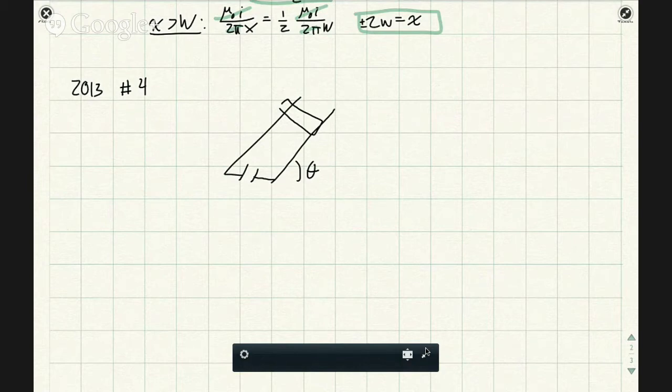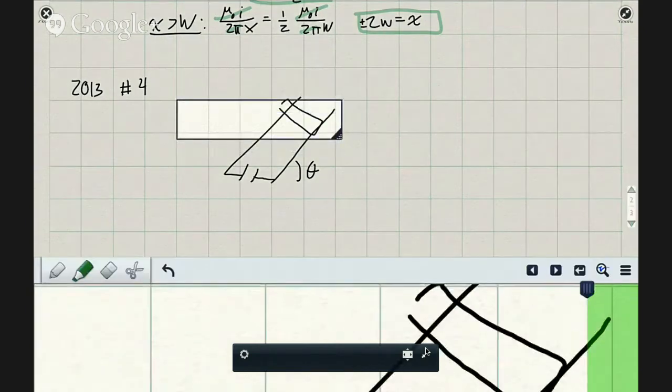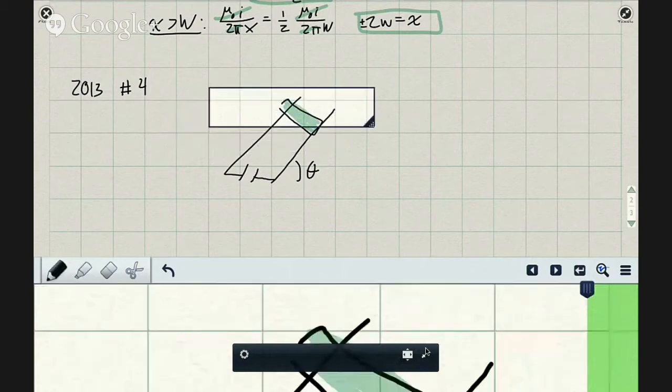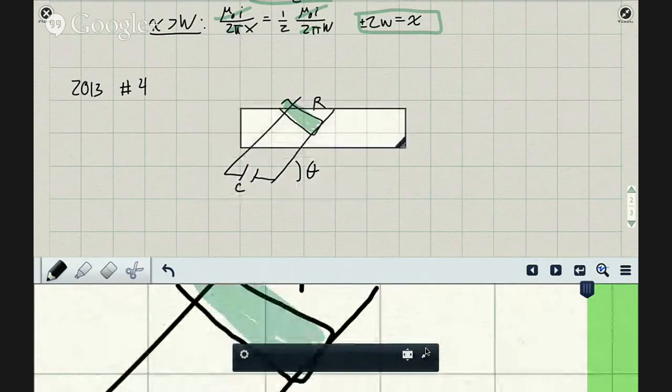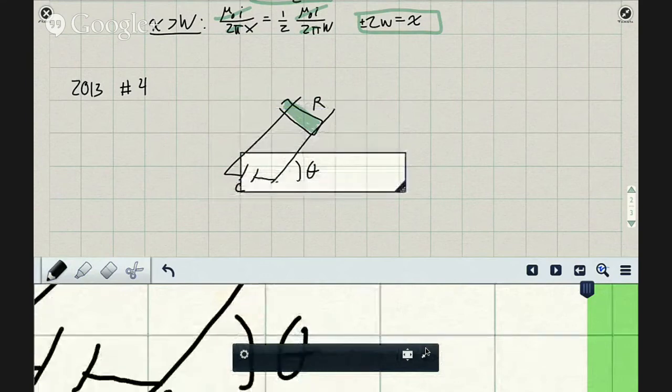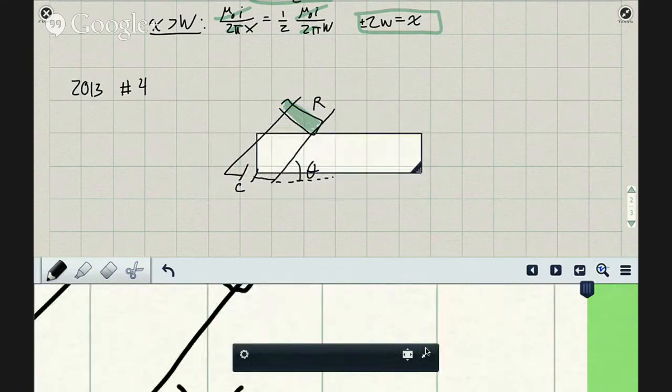Alright, so let's color that in. There's a bar. Alright, R. This is a capacitance C. Alrighty. And this is the ground here, so we have it up at an angle like that.